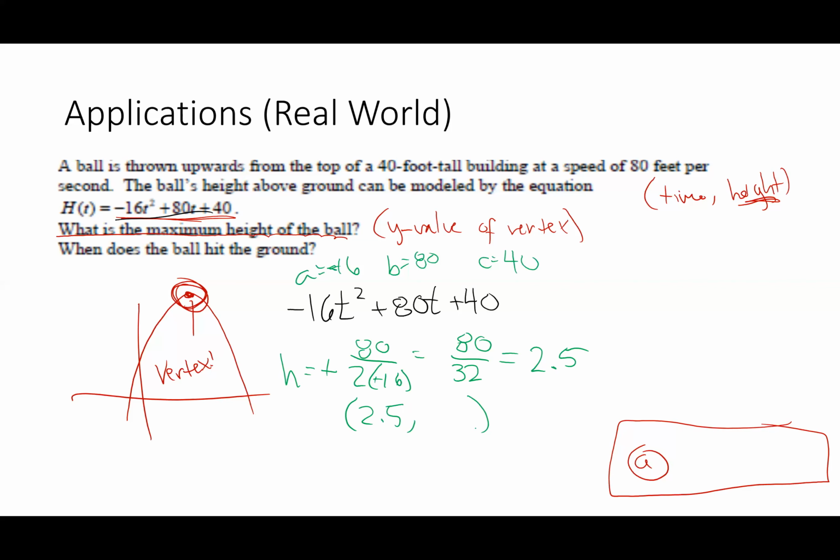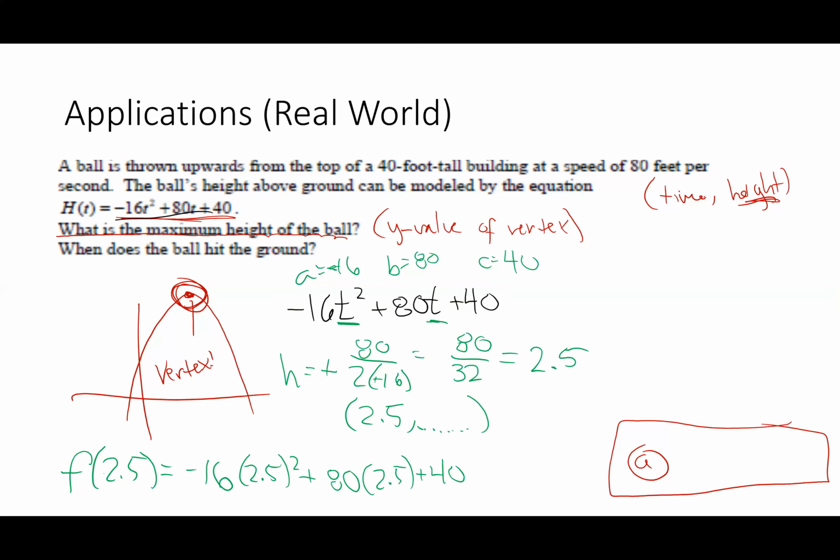So now we've got this unknown y value. That's actually what we're looking for here. So what I'm going to do is take this 2.5 and plug this in as my t value. And so I've got f of 2.5. That's -16 times 2.5 squared plus 80 times 2.5 plus 40.